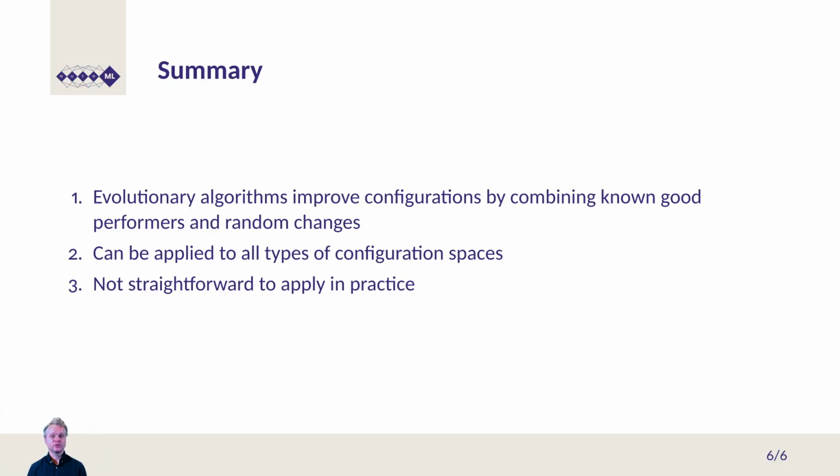This is an advantage over some of the more sophisticated methods that we will have a look at going forward. But nevertheless, they are not entirely straightforward to apply in practice because of all the different things that you need to decide and because of all the different settings that you need to adjust depending on the particular data set, in some cases even. So not as easy to apply as certainly grid search and random search, but also local search in practice.